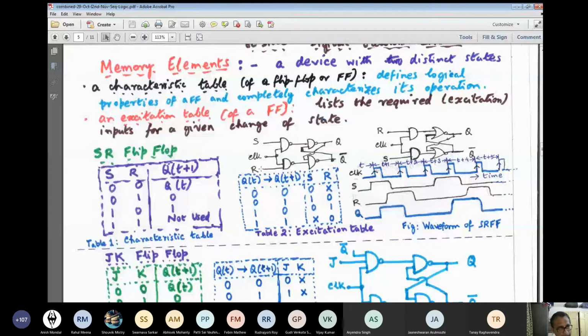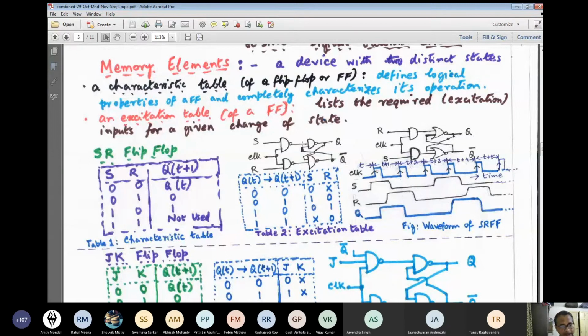You know why? Because the two NAND gates can have differences in their propagation delays. So if S and R fall to 0, then this will become 1, and this is 1, this is 1. So this 1 is appearing here, this 1 is appearing there. So both of them want to come to 0.